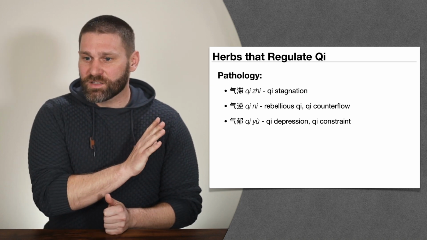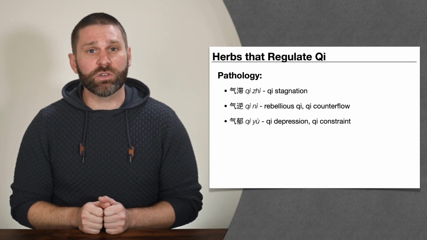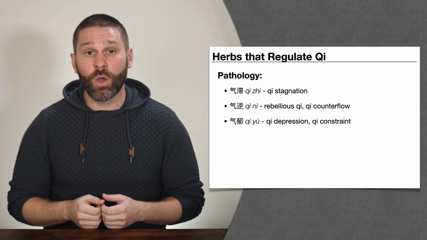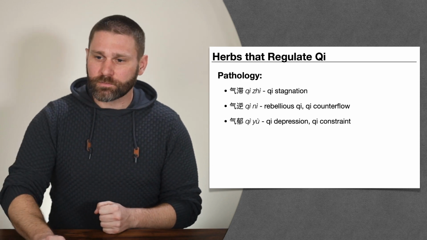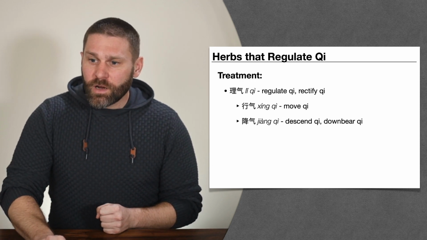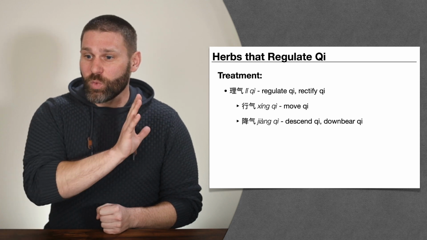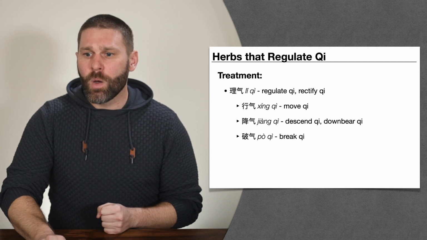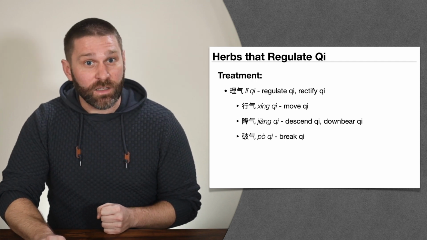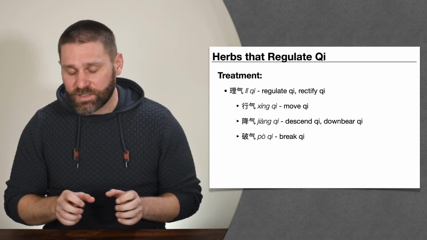When we're treating this depressed qi or qi constraint, we usually say we course the qi, we course liver qi, or we relieve constraint. And when we start talking about treatment, we can say that we move the qi or descend the qi. Another thing we might see is to break the qi, or break up qi stagnation.